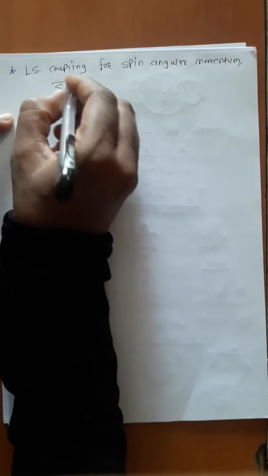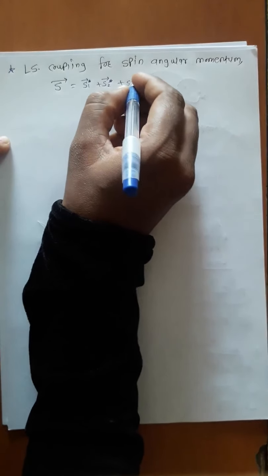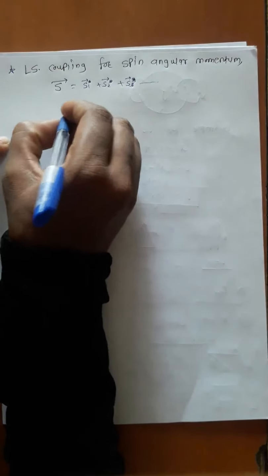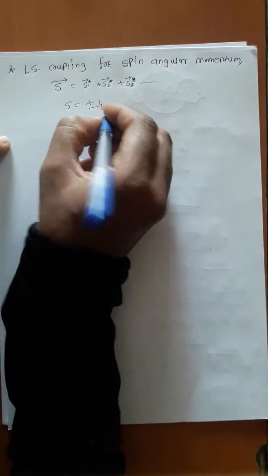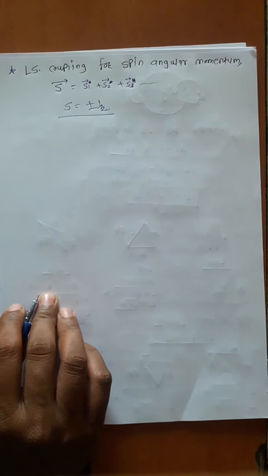LS coupling for spin angular momentum. The spin angular momentum vector S bar is equal to S1 plus S2 plus S3 and so on. We know the value of S is equal to plus or minus 1/2.